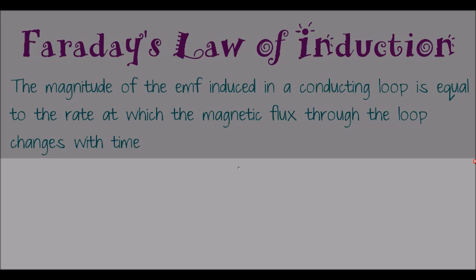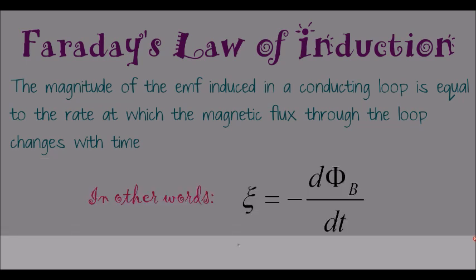Okay, so magnitude of the EMF is equal to the rate at which the magnetic flux changes with time. Hopefully by now you realize that when you see that word rate, it means that we're going to use a derivative. And since it says how it changes with time, we're going to have a dt in the denominator.